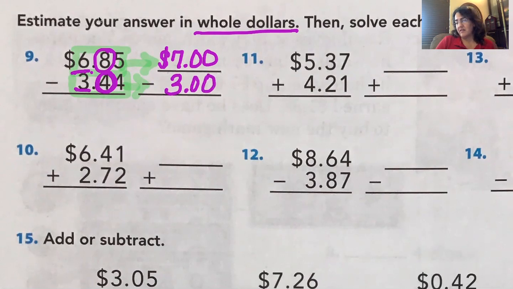And then if I solve this problem, I have 0 minus 0 is 0. 0 minus 0 is 0. Bring down my decimal point. 7 minus 3 is 4. All right, but we still have to do this one, friends.